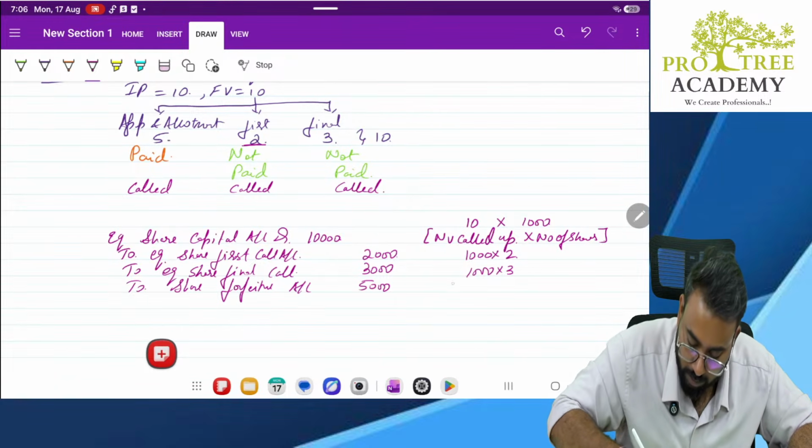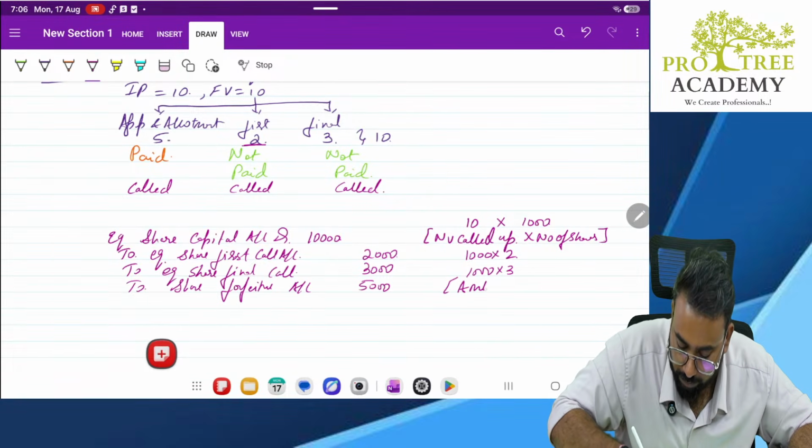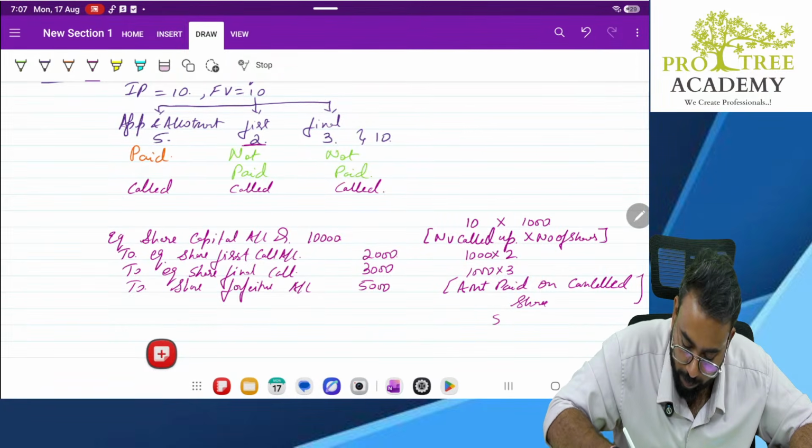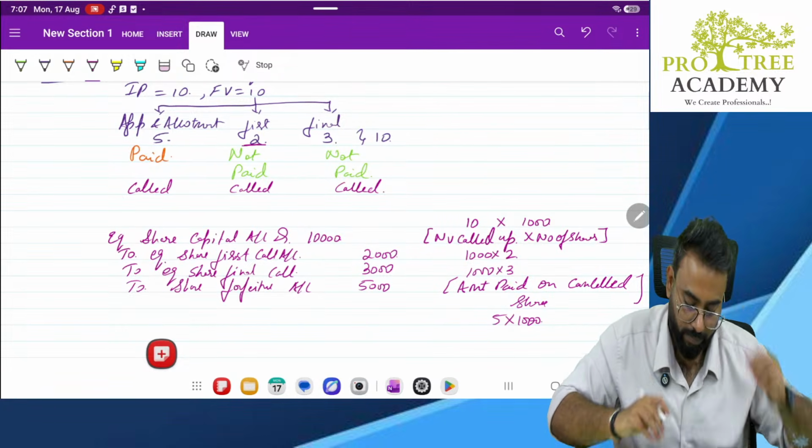What is this? Amount paid on cancelled shares. Correct or no? How much is the amount paid? Amount paid is 5 rupees into 1000. Clear?